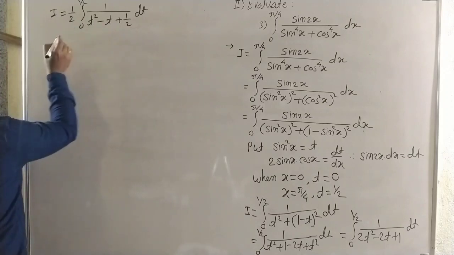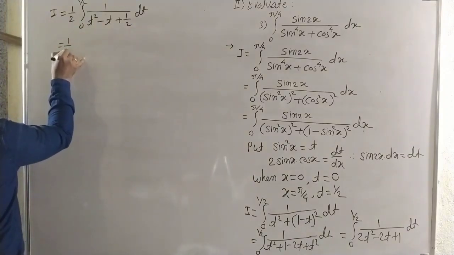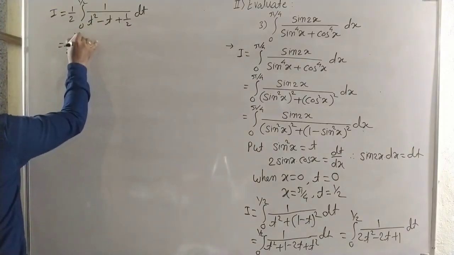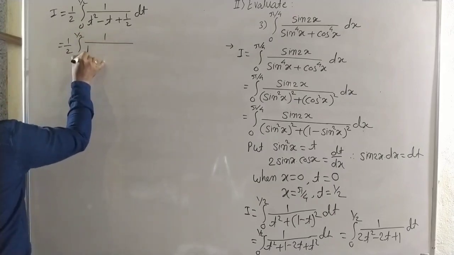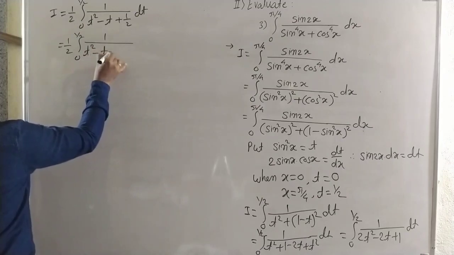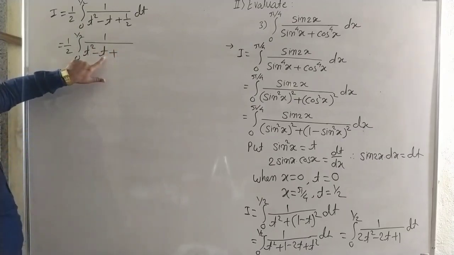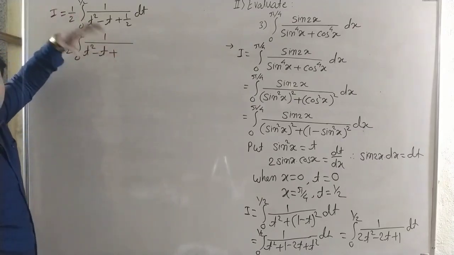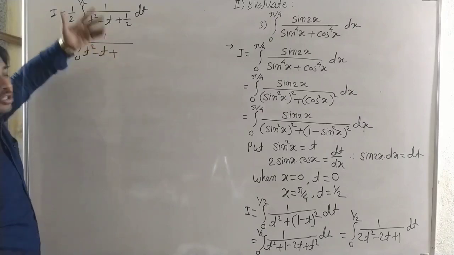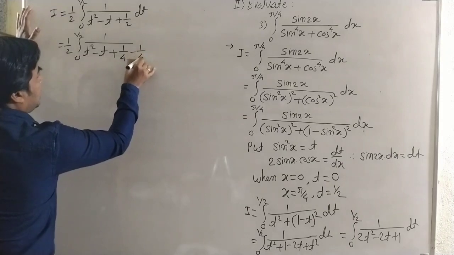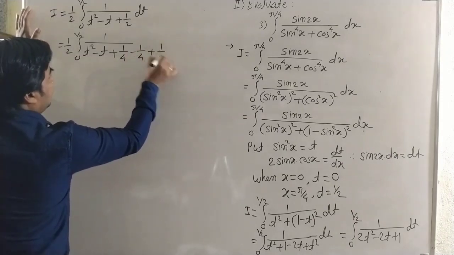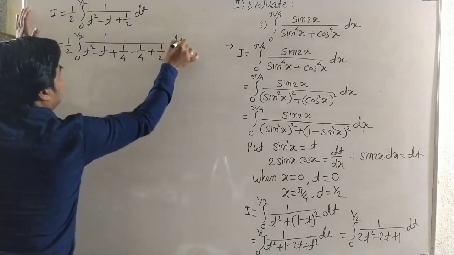Now by the completing square method, it is 1 by 2 into integral 0 to 1/2, 1 upon t square minus t plus the square of half of the coefficient of t, that is half of 1 is 1 by 2, and its square is 1 by 4. Therefore plus 1 by 4 minus 1 by 4, and plus 1 by 2 as it is, dt.